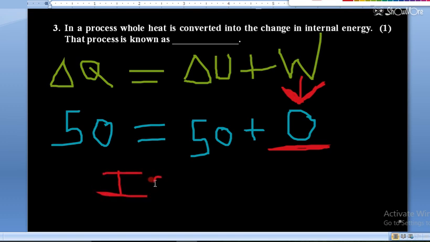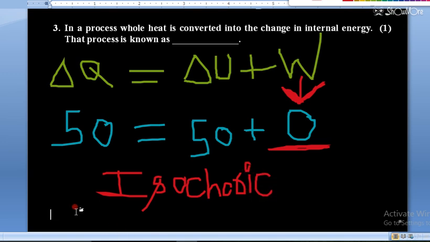So isochoric is the process in which whole heat is converted into change in internal energy. Isochoric means the volume of the given system does not change.